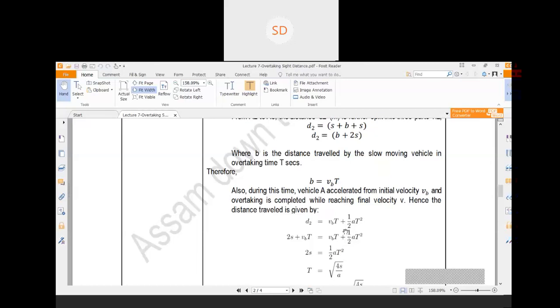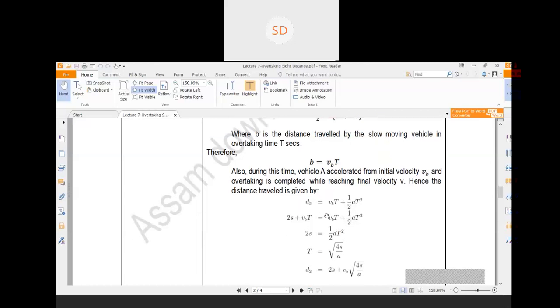In that case, your d2 distance is Vb into T plus half a T square. This is a basic formula from your 12th standard. So your d2 is Vb into T plus half a into T square.